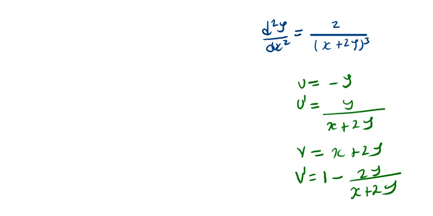Okay, so now coming up with our d2y dx2, remember you're going to say your u prime by your v, meaning this u prime by this v here. What are we going to get?